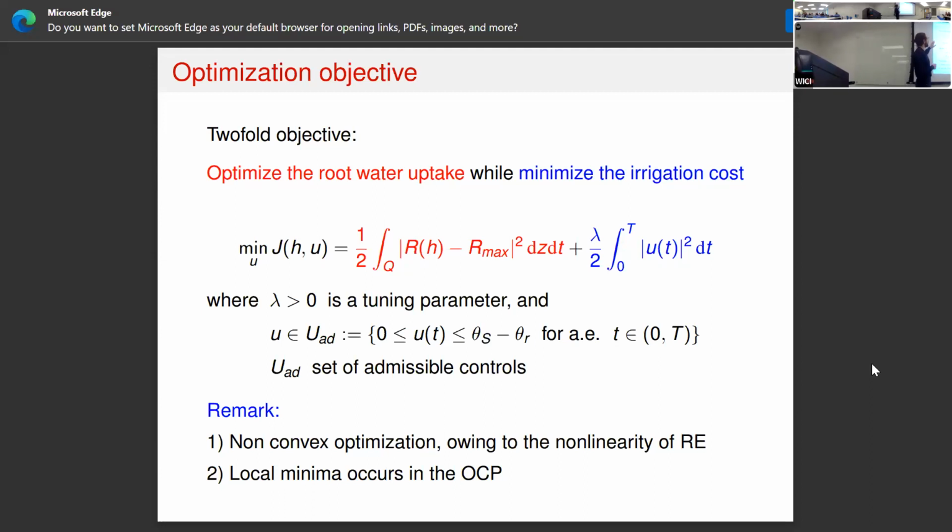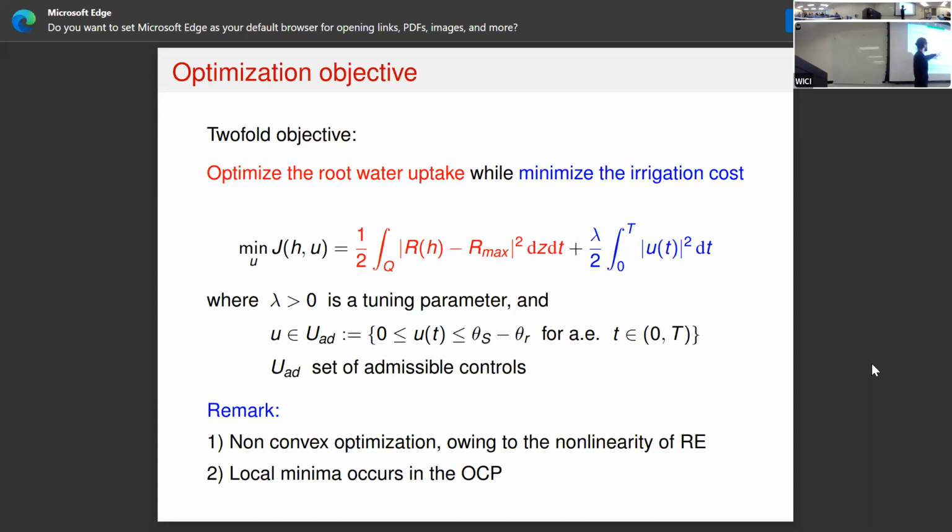On one hand, we want to optimize the root water uptake, right? So this can be a proxy for optimizing the yield of the field, for example. So we want the root water uptake to be as close as possible to the max value that can be achieved.